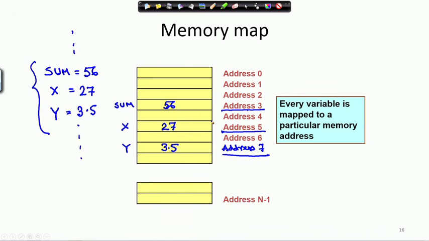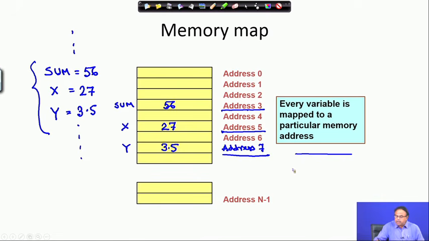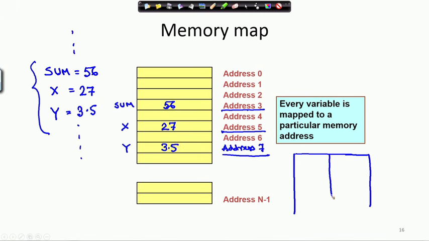All right. The compiler can, depending on the availability of the memory locations, allocate different addresses to different variables. Once that is done, there is a table, a record that is kept, that you can think of, with the variable and the address.